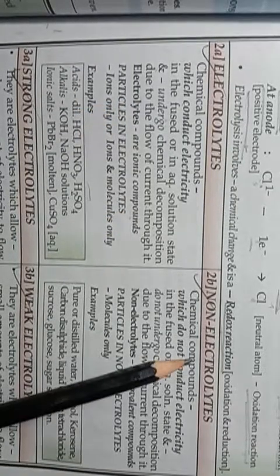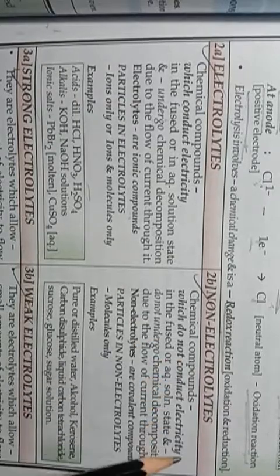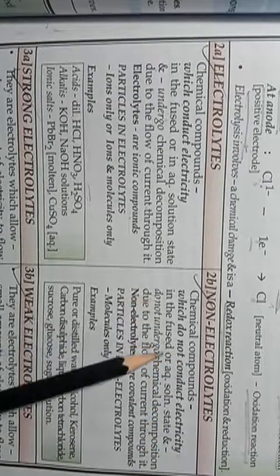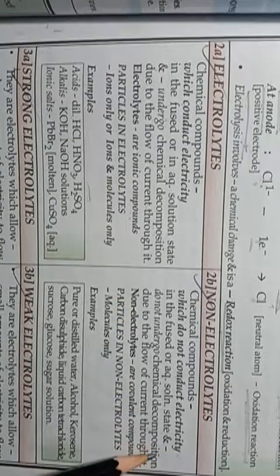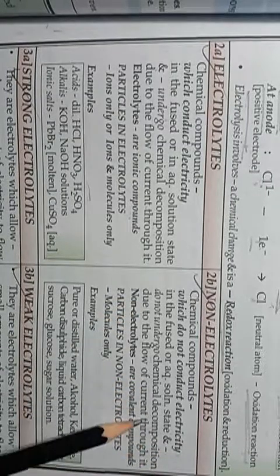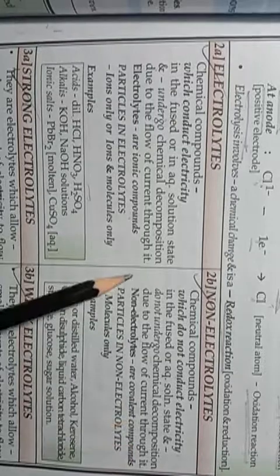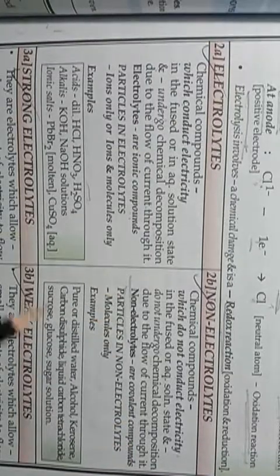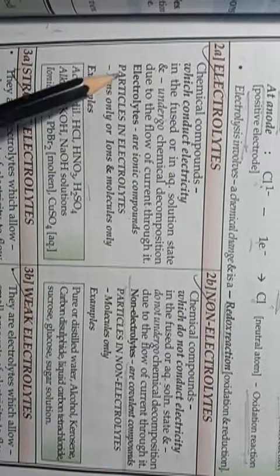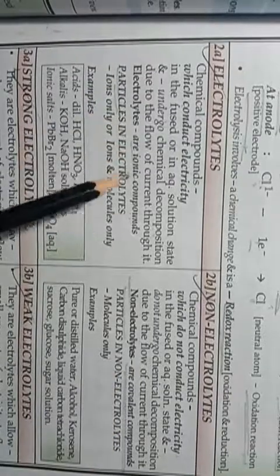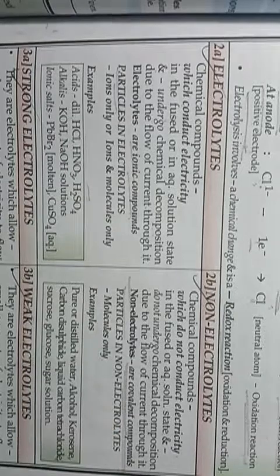So electrolytes are ionic compounds. Chemical compounds which do not conduct electricity in their fused or aqueous solution state and do not undergo chemical decomposition due to the flow of current through them are known as non-electrolytes. And non-electrolytes are covalent compounds. So electrolytes are ionic compounds and non-electrolytes are covalent compounds.